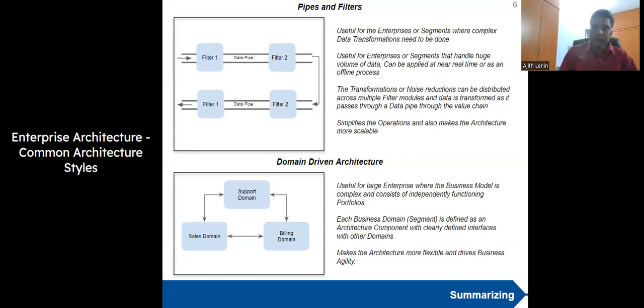We have clearly defined interfaces between those components, and it derives all the benefits of the component-based architecture, plus the additional aspect that it is aligned to the business domain, right? So for an organization that goes through a lot of business transformation, domain-based architecture becomes very useful, because a process change or a business model change in a particular domain does not impact the other domains, right? So the architecture becomes more flexible.